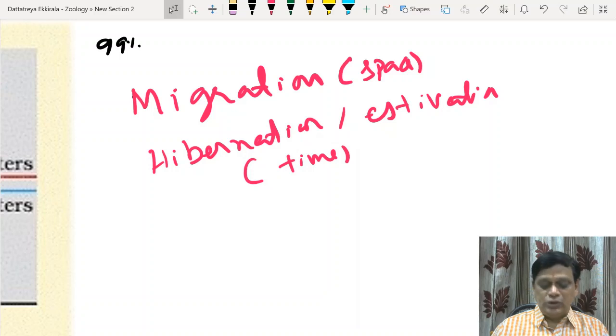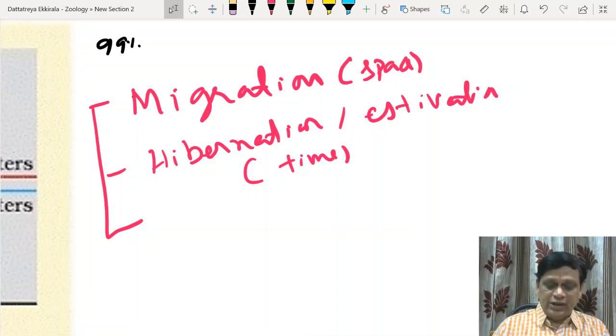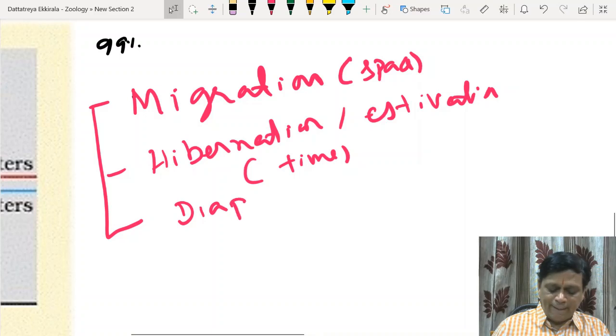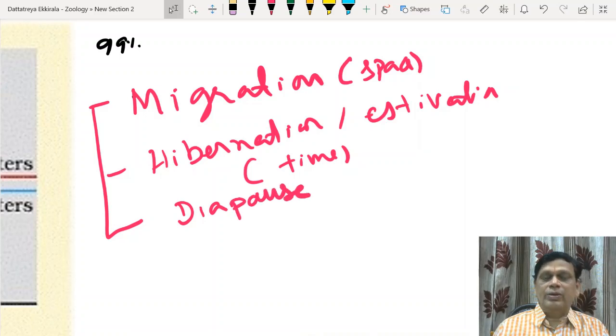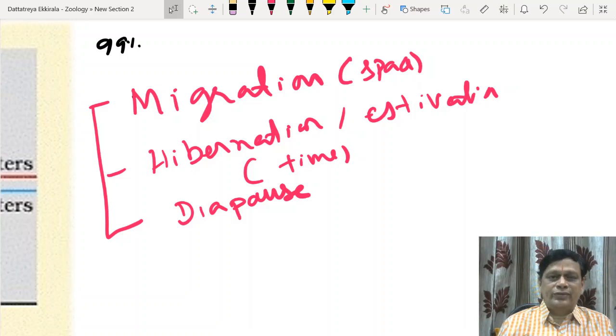Moving from one place to another place is escaping in place. Hibernation, they are not moving to anywhere. During winter, some animals show hibernation like bears and others. And during summer, they go to a sleep-like condition that is called estivation. So these are various adaptations, right? Third one is diapause. Suddenly they stop developing, arresting at one stage. You call it a diapause.